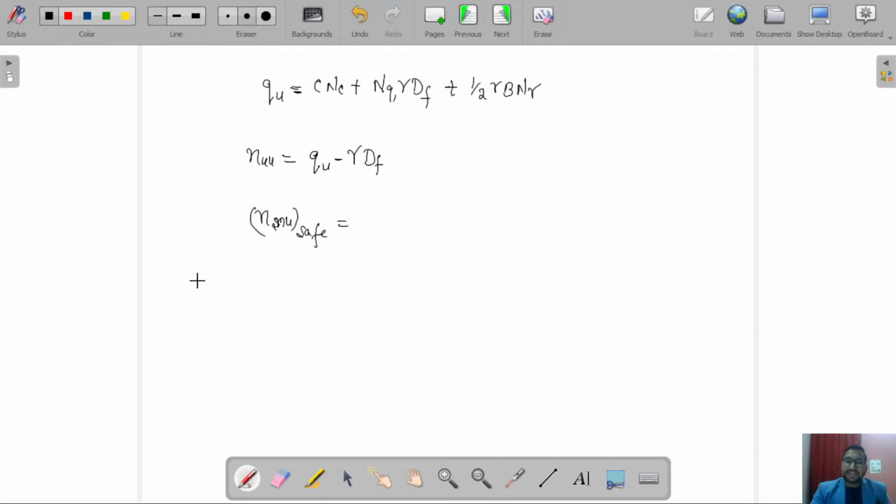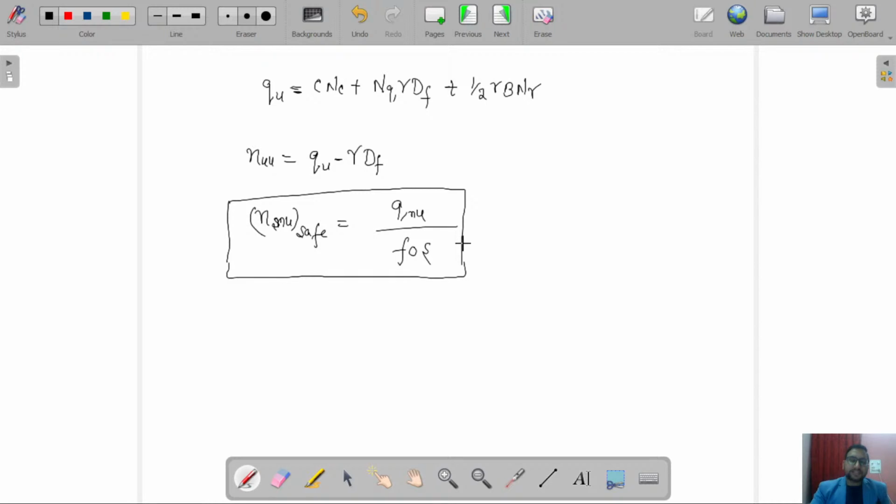To calculate the safe bearing capacity, if I divide this net bearing capacity by the factor of safety, I am going to get the safe bearing capacity of the foundation, or the soil which is supporting that foundation, right? This is the value we need to calculate.